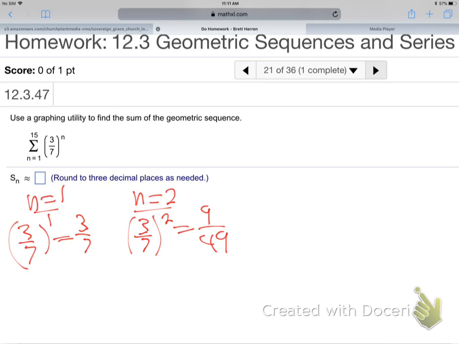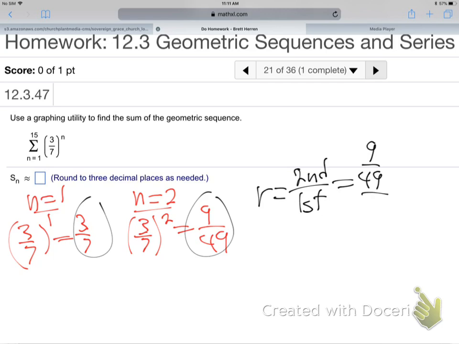Okay, so now from that, can you get the R? R is always second term over first term. 9/49 over 3/7. We always grab the denominator and flip it up.